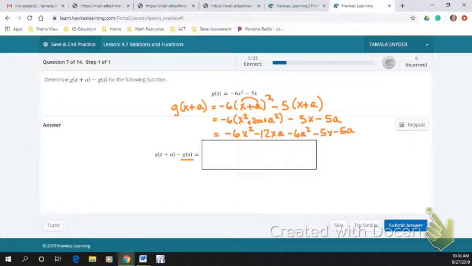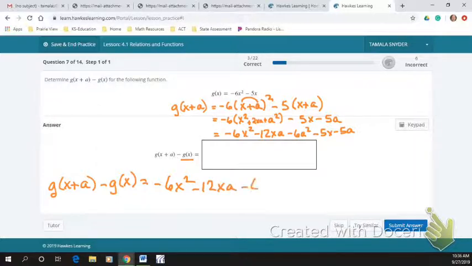So g of x plus a minus g of x, which is what I'm trying to figure out all together, is equal to negative 6x squared minus 12xa minus 6a squared minus 5x minus 5a.